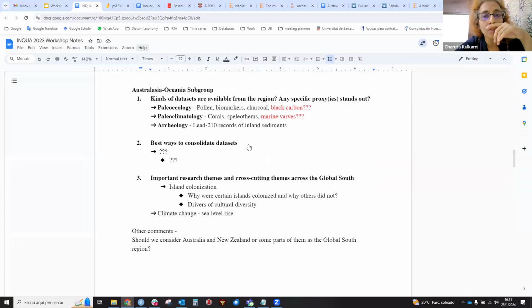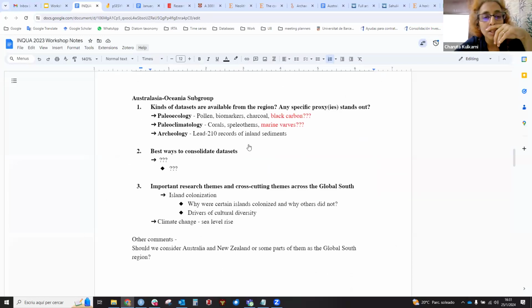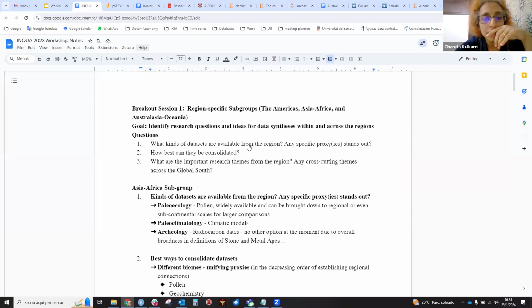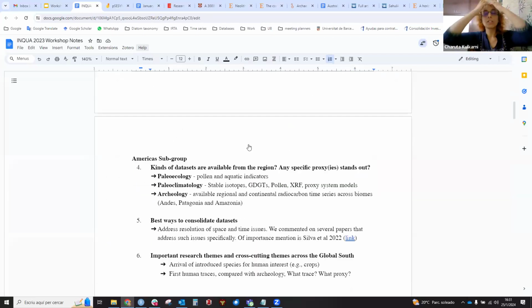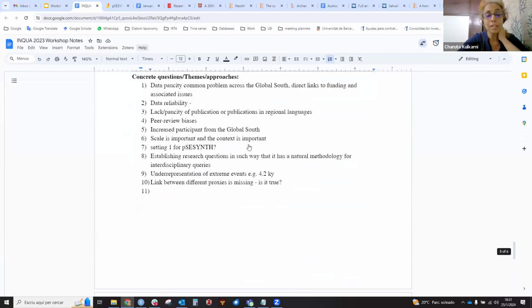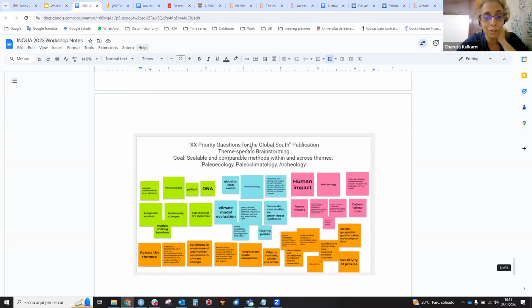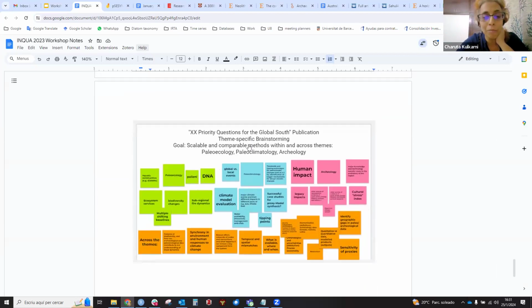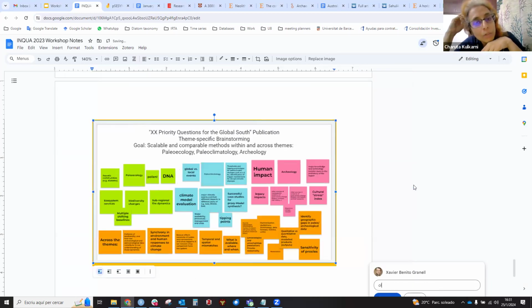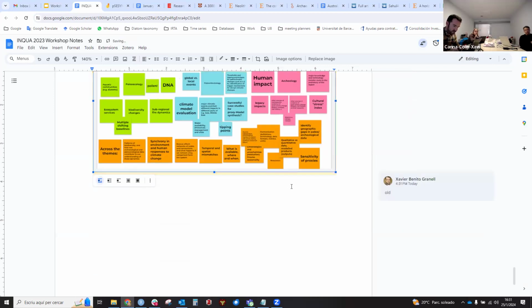If you have them in front of you, we can just easily flash them. So we literally have a pool of certain themes, questions from various sub-regions. So what we could do is take these sticky notes. I basically took a snapshot and pasted them here. But of course, we have much better organization, so we can get rid of this. And then maybe start getting those in the form of subsections, right? And try to see how it comes together.